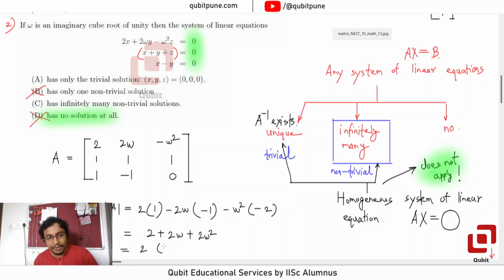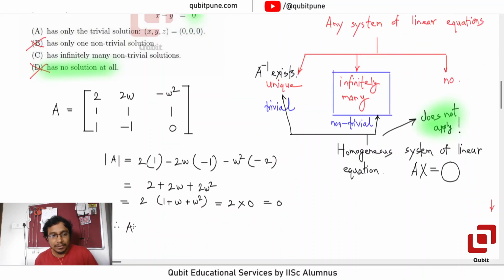So this part depends on your knowledge of complex numbers, that sum of complex cube roots of unity is 0. Okay, rather for that matter sum of any roots of unity is 0, starting from the square root. Okay, so determinant 0 है, so A inverse does not exist.